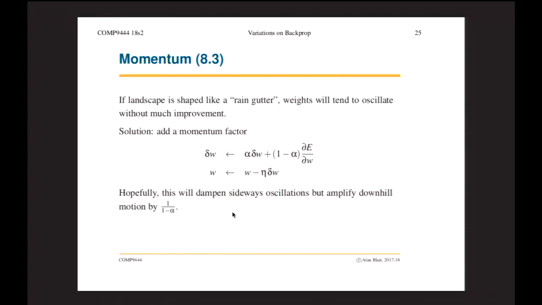We talked about the difference between batch learning and online learning. Batch learning effectively does this in a different way, because you're dividing the data into batches of 200, let's say, and then you're adding up the gradients for all those 200 examples, and then you're making a change.